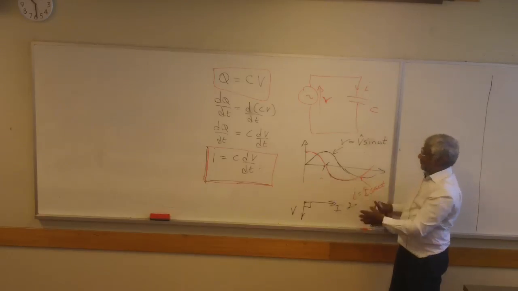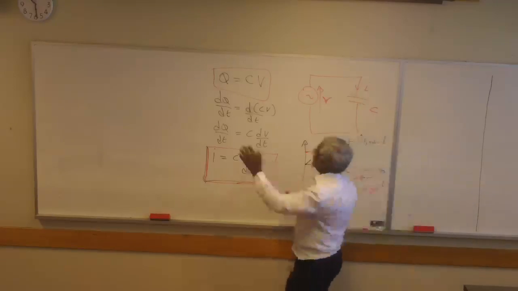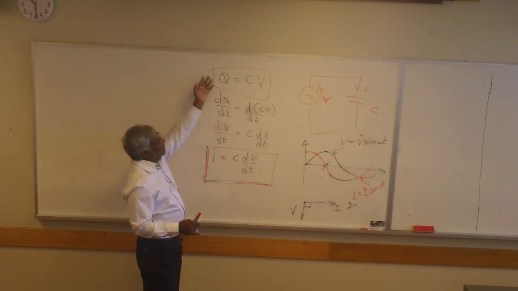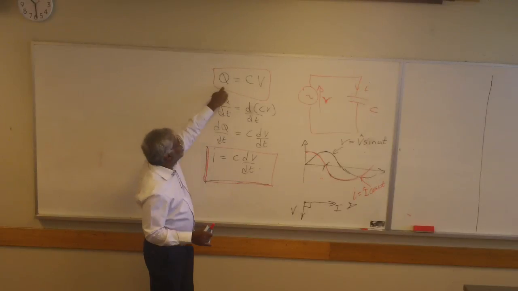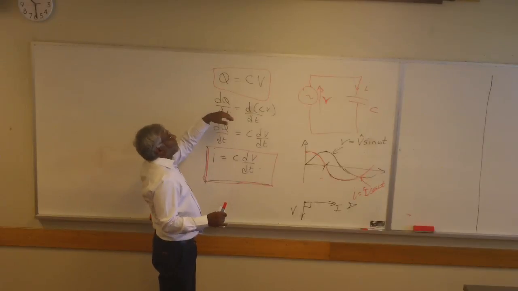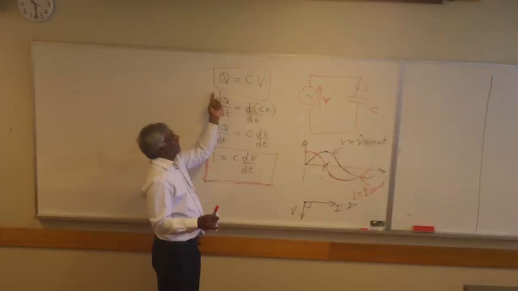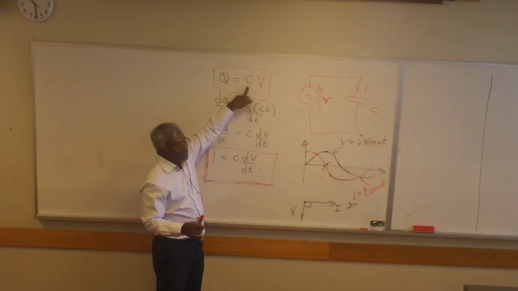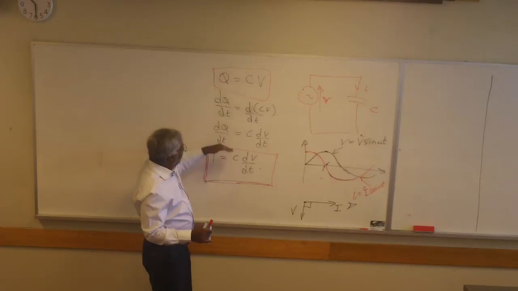So you can represent all this starting from here, which is what people have observed, that Q equals CV. They have observed that Q is proportional to V. It was a proportionality relationship. They made it an equality relationship by inventing a capacitance, which is a constant of proportionality. From there, you get to current.